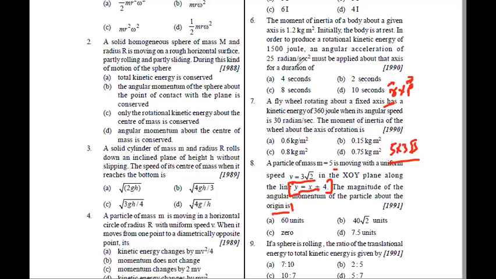Right? So let's see. I can say, okay, when x is 0, y is equal to 4. When y is 0, x is equal to minus 4. So this is the line, right? This angle is theta. We know this. Velocity v is equal to 3 root 2 in this plane, along the plane, like this. The velocity is in this direction. Okay? Momentum around the origin.